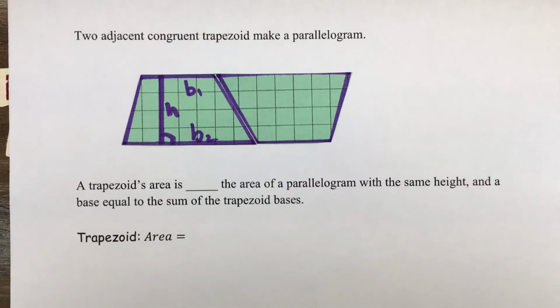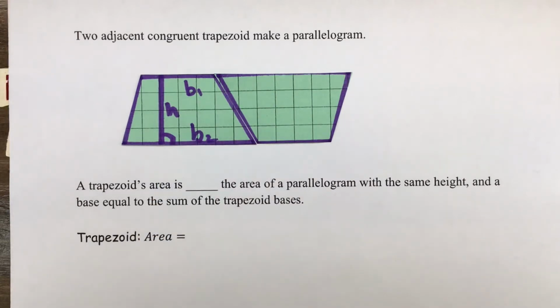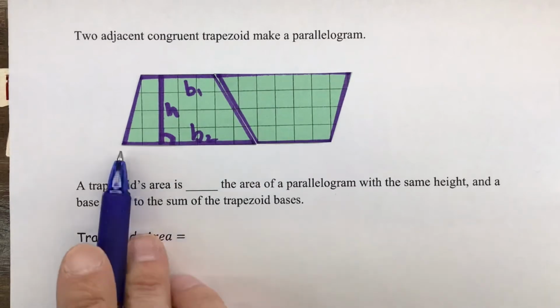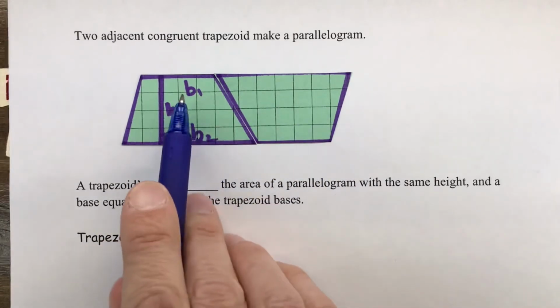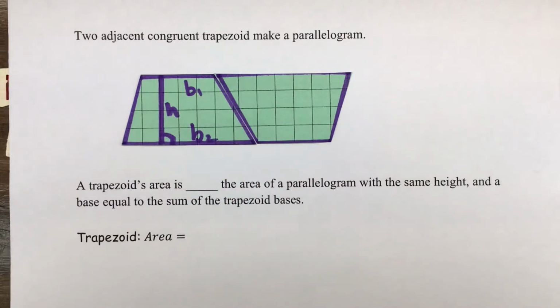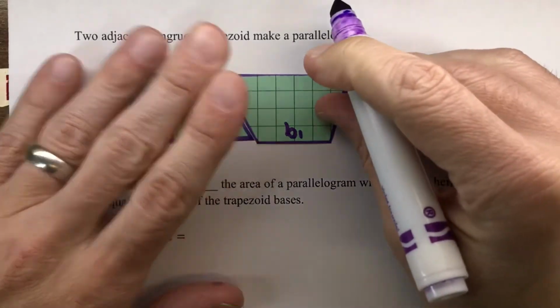And to calculate the area of the parallelogram, what I would do is multiply the base times the height. In this case, though, the base of the parallelogram is not B1 or B2. It's not one of the bases of the trapezoid. It's actually the sum of them, because you've got B2 here, and this is the other one just flipped over. So B1 moves to the bottom. Let's go ahead and add that in there. So that'll be B1.